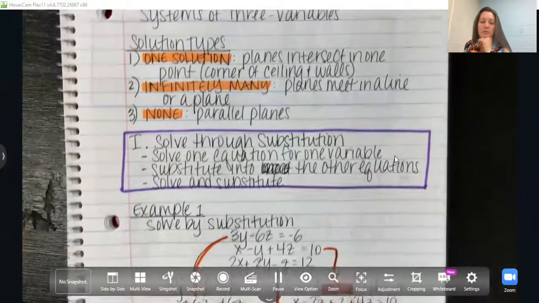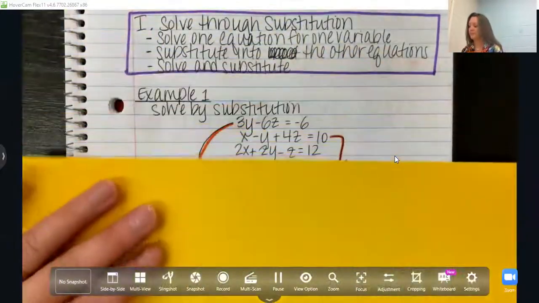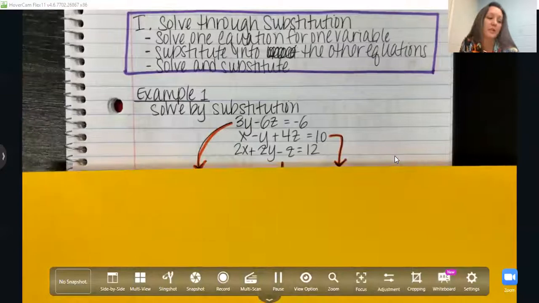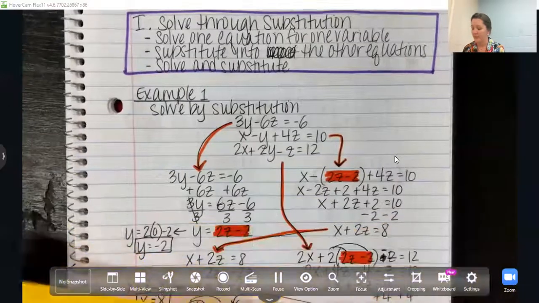So here's our first way to solve algebraically, solving through substitution. This is going to mirror solving systems of two variables very closely. It'll just be a little bit more involved, obviously, because we're dealing with three variables, right? Looking at our system of equations here, when we solve by substitution, our ideal is looking for something that we can solve very easily.